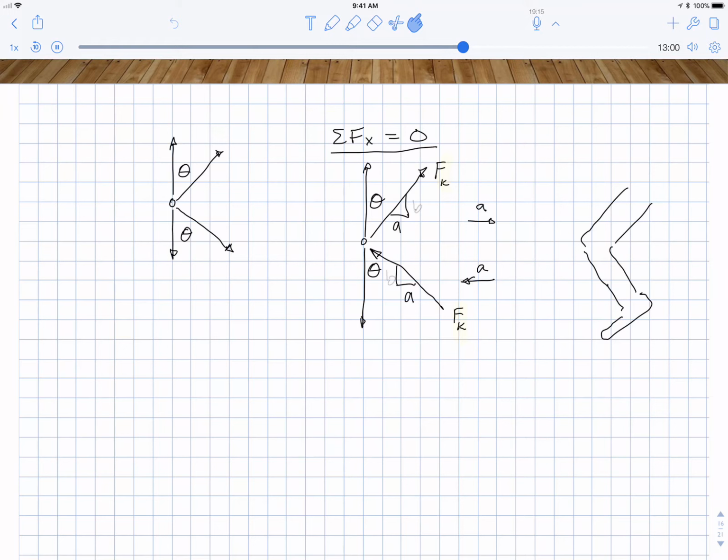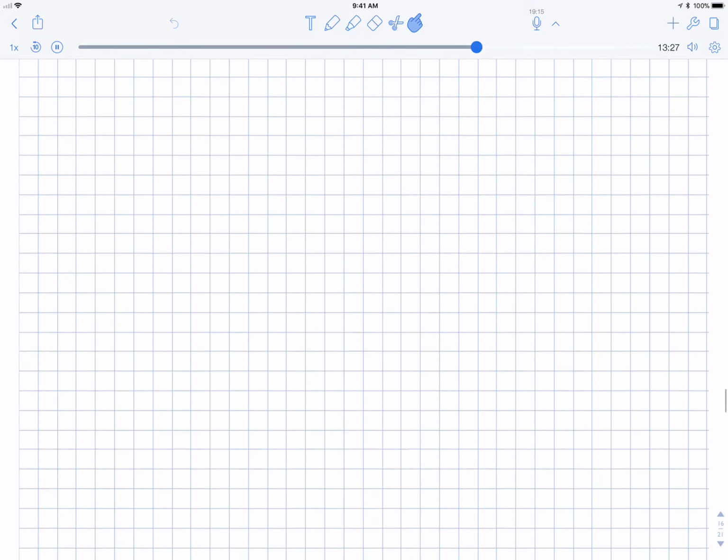Well, if the x components are equal, the y components are equal. But the main thing is that these 2 forces are the same. And so now when we take a vertical slice through the K, we are only slicing 3 unknowns, even though we're slicing 4 members. So let's look at a problem and illustrate how this works.